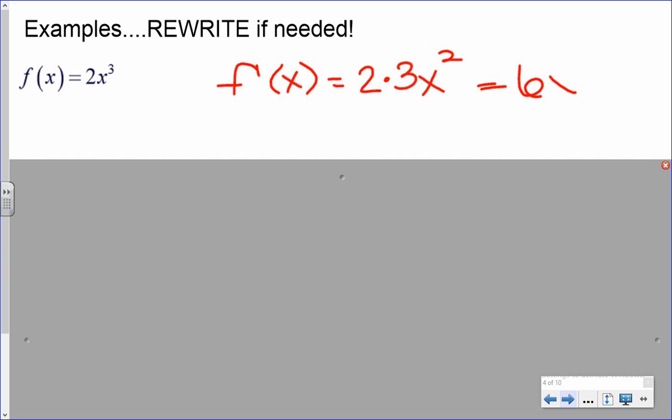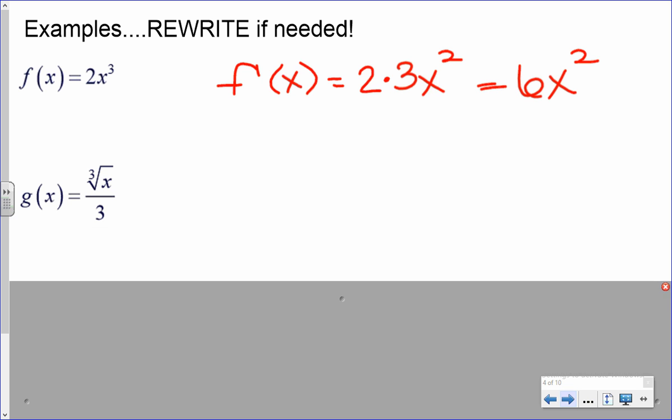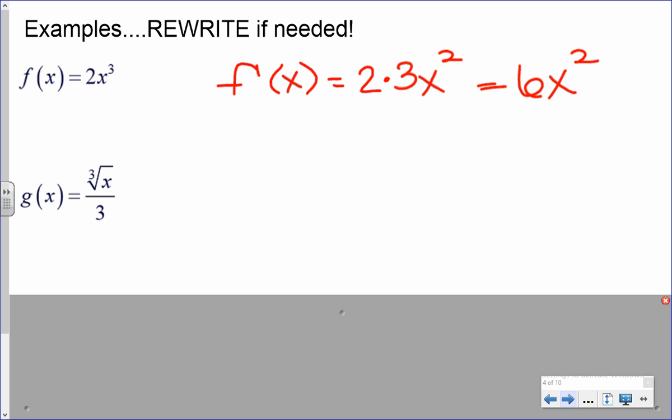So 6x squared is the derivative of 2x cubed. That took us about 10 seconds. Yesterday, it would have taken us how long? Like 2 minutes. Okay? Doesn't that make you excited? It makes me excited.